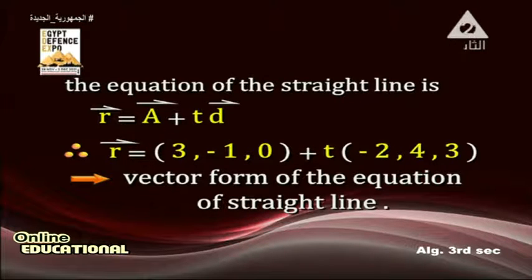After that, we can find the Cartesian equation of a straight line: (x minus 3) over -2 equals (y plus 1) over 4 equals z over 3. Then we can find all forms of the equation of a straight line using a point and a direction vector. If we have a point and a direction vector, we can form any equation of a straight line.